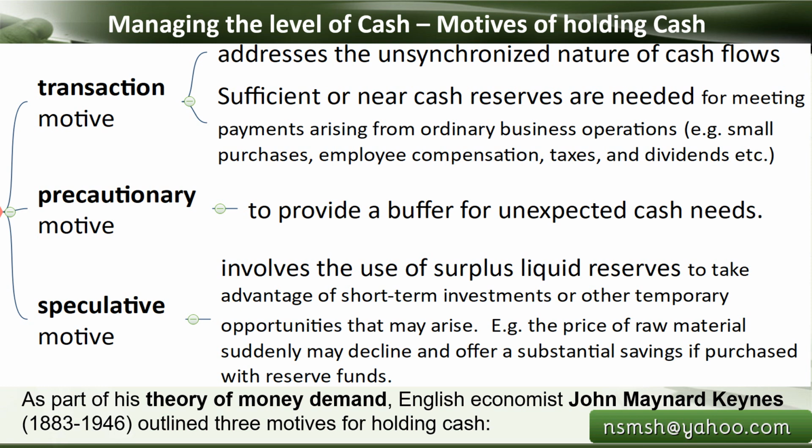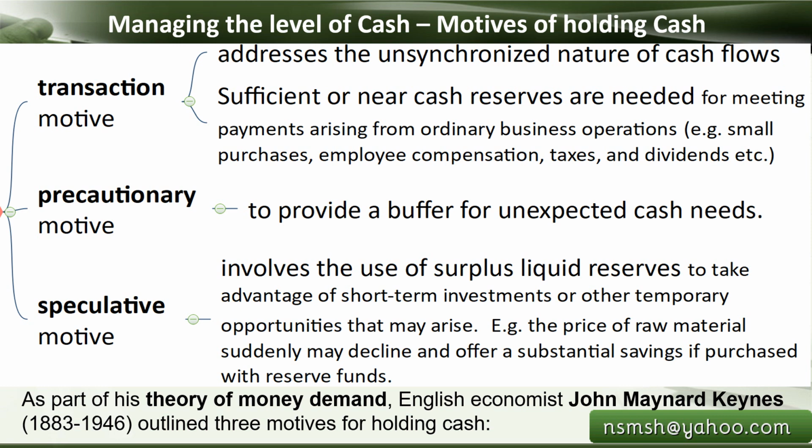Precautionary motive is a kind of safety requirement to provide a buffer for unexpected cash needs. Speculative motive involves the use of surplus liquid reserves to take advantage of short-term investments or other temporary opportunities. There is an income, there is a good return, so we invest in that. This is to take the opportunities that may arise.